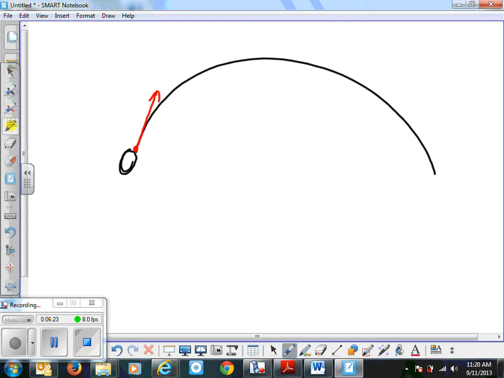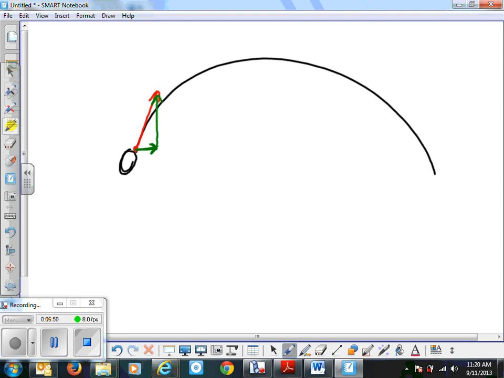Okay, now if you start resolving this into vectors, you will see that it is made out of the x part and the y part. Now here's the thing, if there's no friction, then there's no force, and therefore there's no acceleration in the x direction.